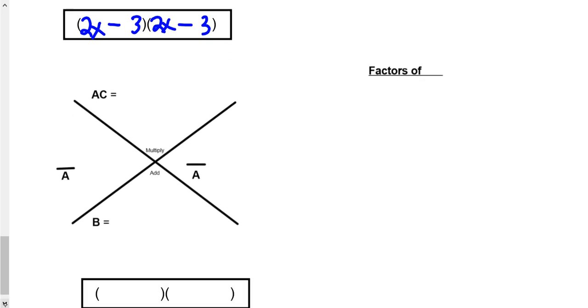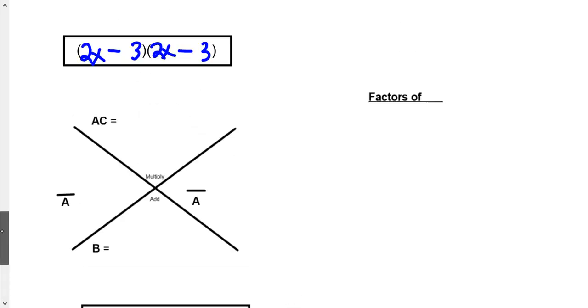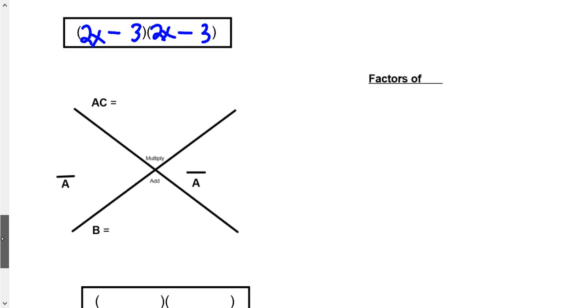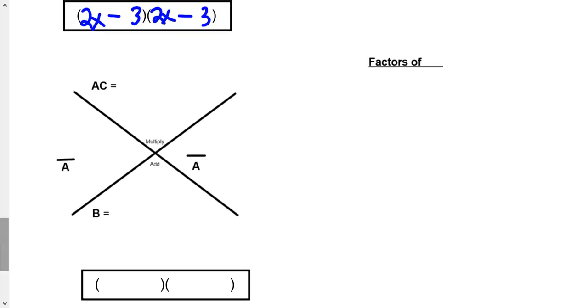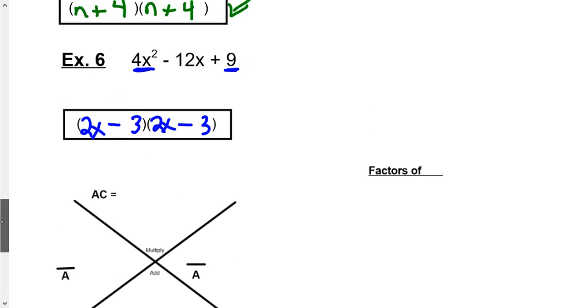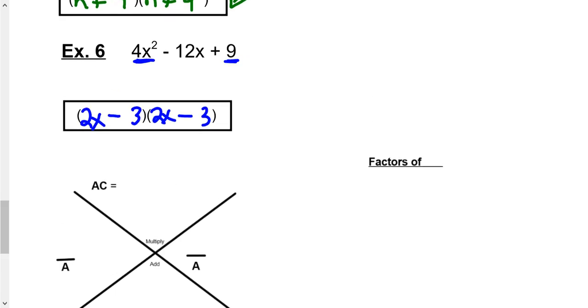If you don't recognize that, we're going to go to our X method where we can factor that way, and we'll see that we actually get the same answer. So when we're doing the X method, we remember we are going to label our A's, B's, and C's, and that's your coefficients.